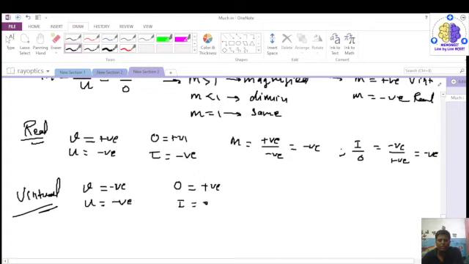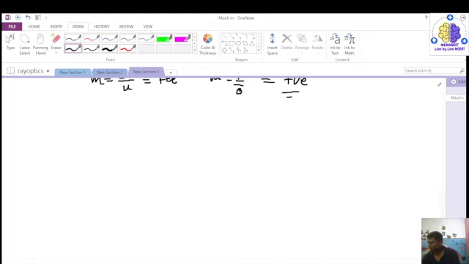So we can clearly see from here that using the formula m is equal to v upon u, we get positive, and using the formula m is equal to i upon o, we get m positive again. So for real images, the magnification is negative, and for virtual images, the magnification is positive, right?